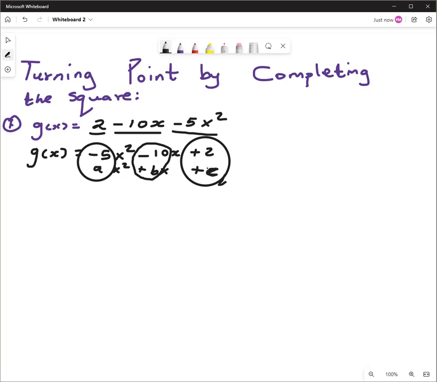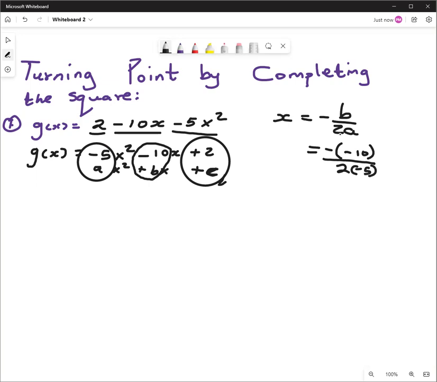Okay, I know that if I were not to complete the square, the turning point, remember, the axis of symmetry, we said is given by negative b over 2a, right? If you forgot, the axis of symmetry is the x value in the turning point. So it's negative, and then my b is negative 10, all over 2, and then my a is negative 5.